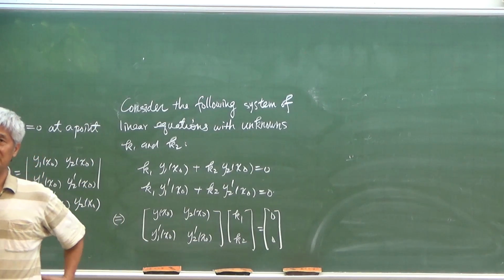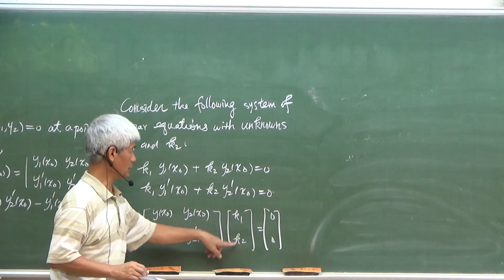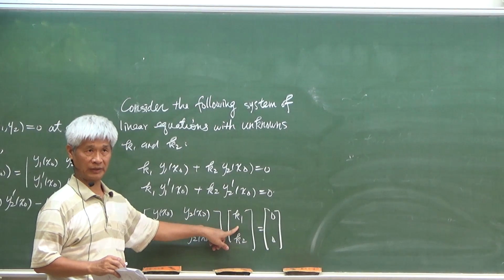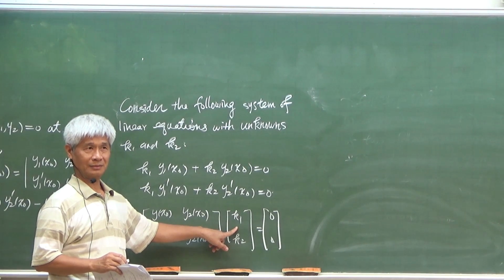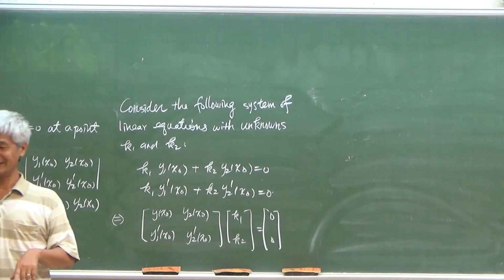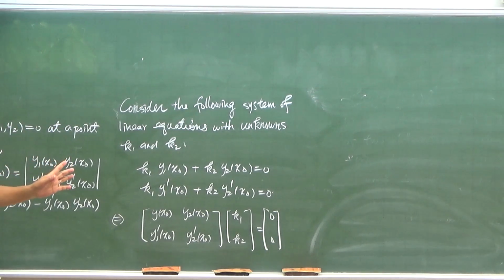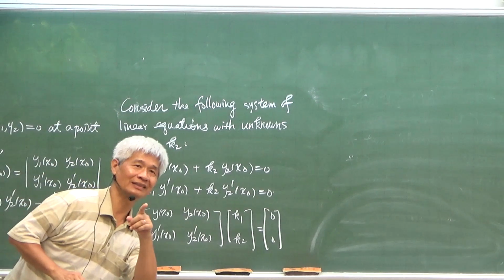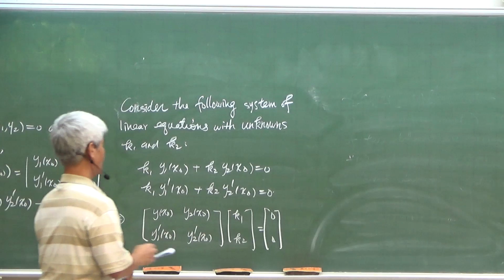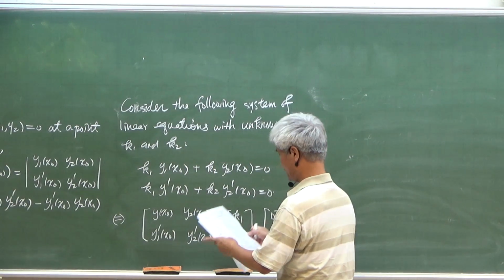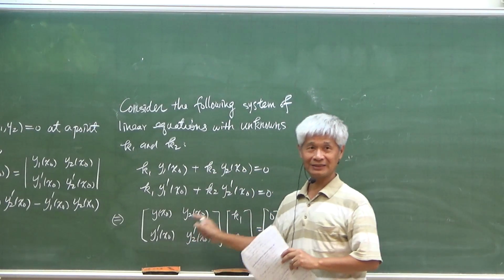You can always find a solution k1, k2 which is not the 0 vector. If you don't know this fact, please raise your hand. Okay, since one of you doesn't know that, I have to solve it right now.